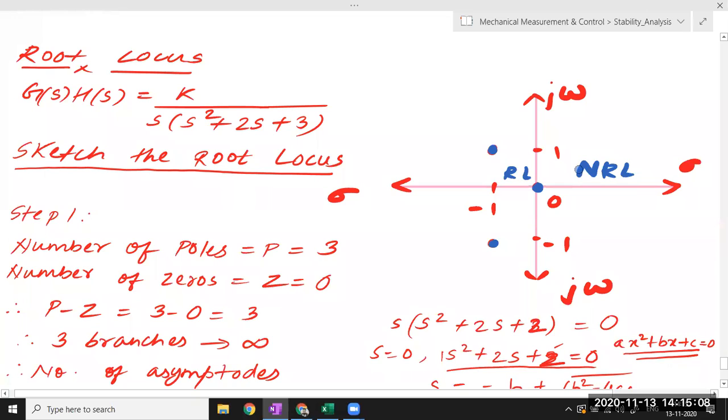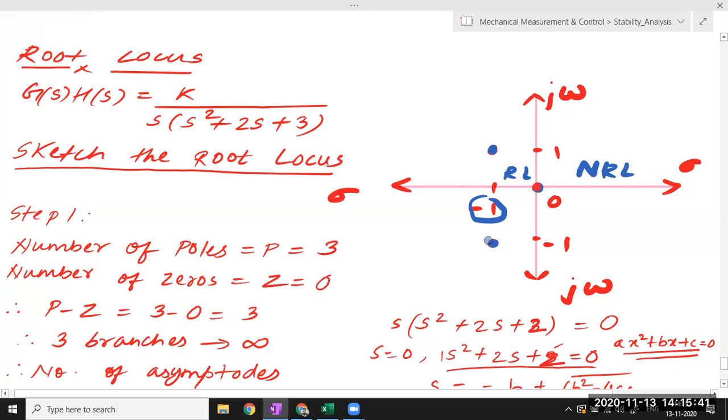Right now, is there any other point where poles are there on this line? No, sir. See, the poles are not on this line. They are there in the sigma j omega plane. There are no poles on this line. Minus 1 is not a pole.